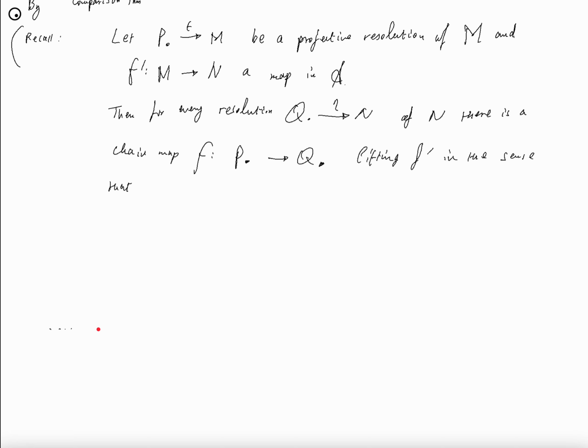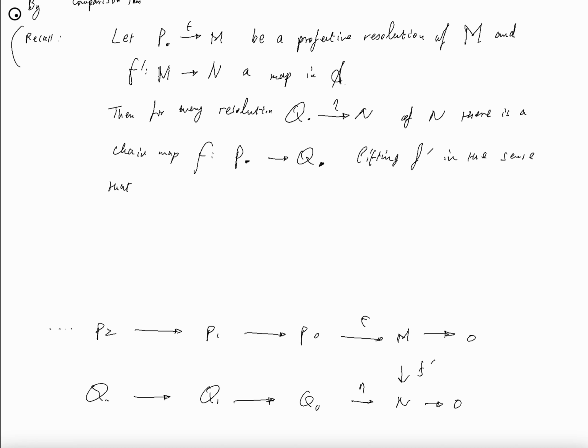In the sense that, let me first draw the picture. Projective resolution 1, given f prime at the beginning, projective resolution of N, and then it's claimed that this morphism makes the diagram commute.